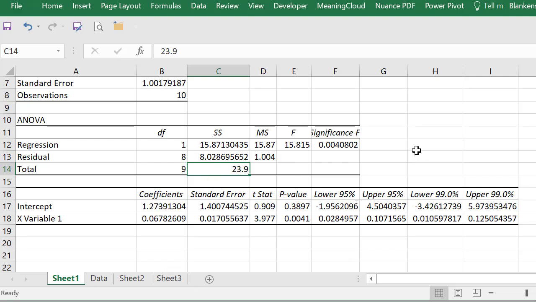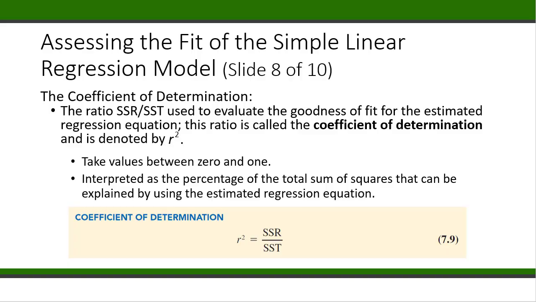So to get our R squared, it's nothing more than the SSR divided by the SST, and it's 0.66407, or 0.6641. I would leave it at 4 decimal places.